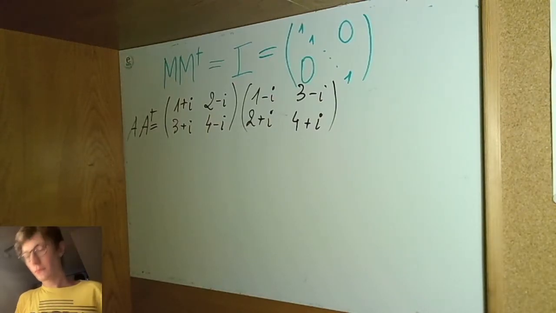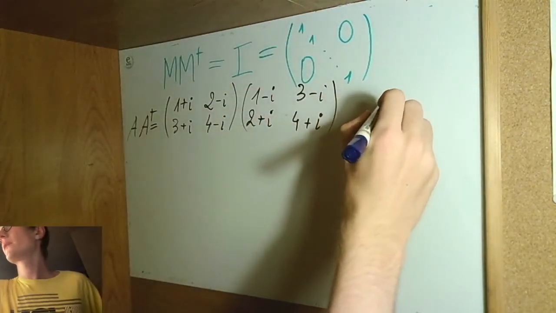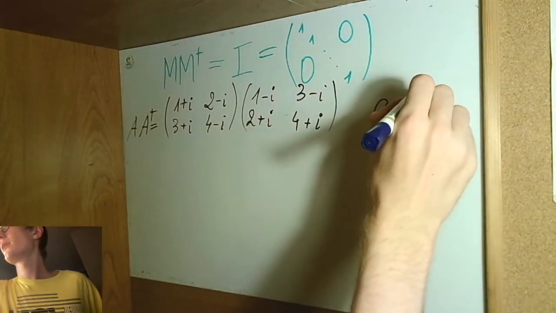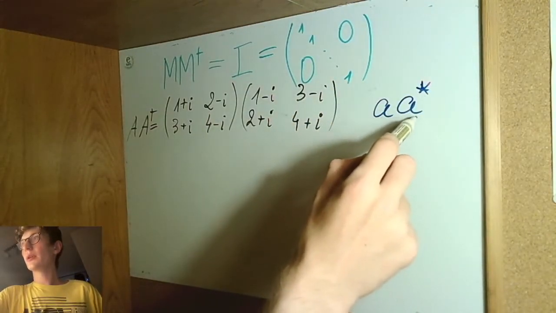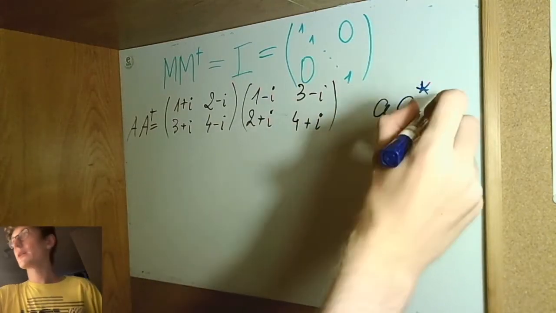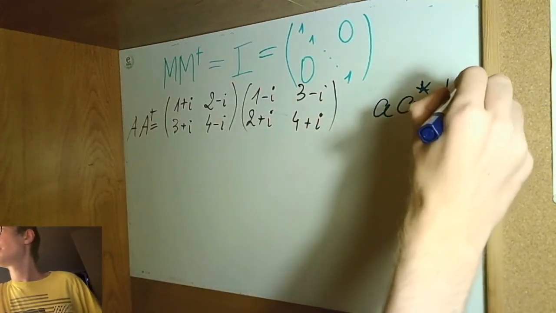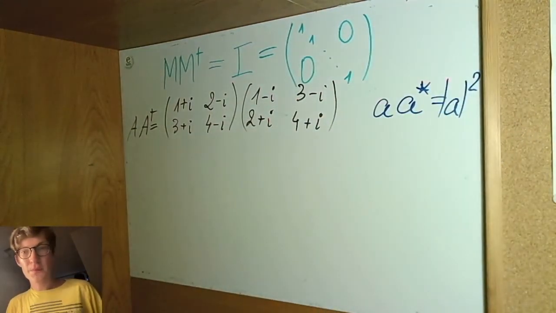Because you probably know that if we have a complex number and its conjugate, and we take their product, it turns out to be the absolute value squared of this number, right?